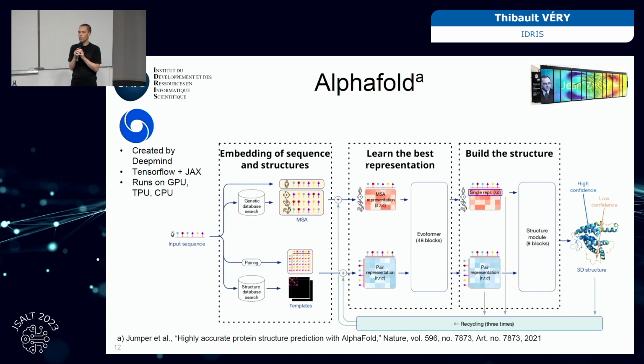You said it's a matrix of different distances between the... Sorry, no, at the end you have just coordinates, the atom coordinates. You have the embeddings of the structures and of the MSA, and with that, at the end, you output some coordinates and the score that you have. No, you have directly the coordinates at the end.